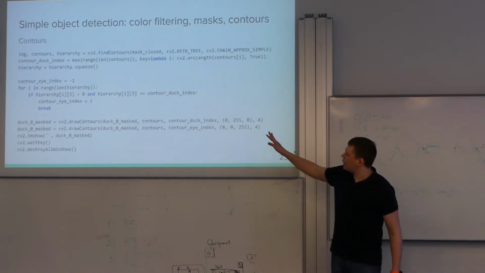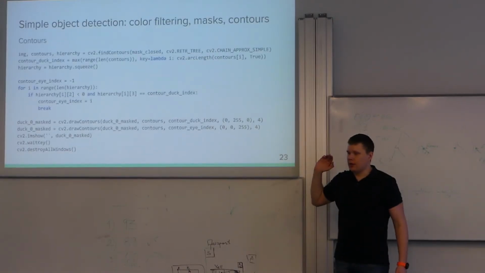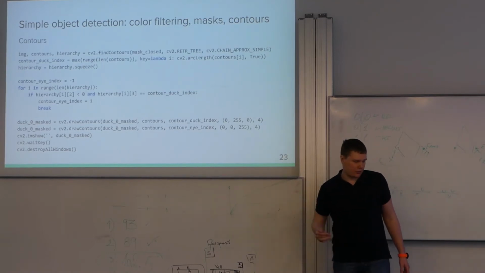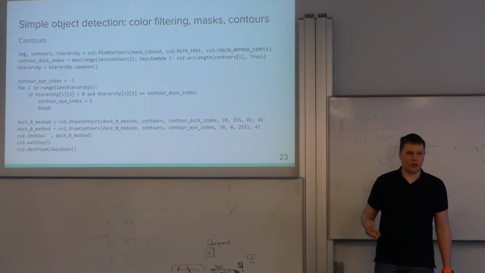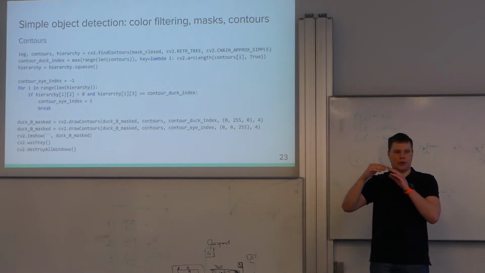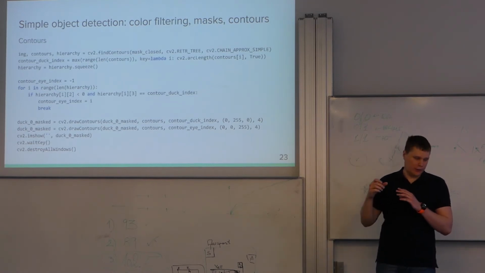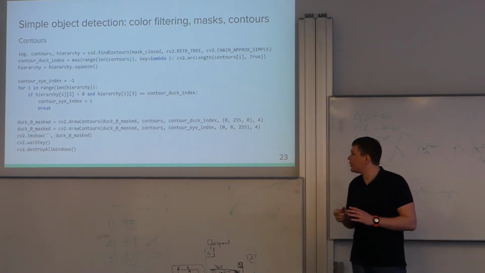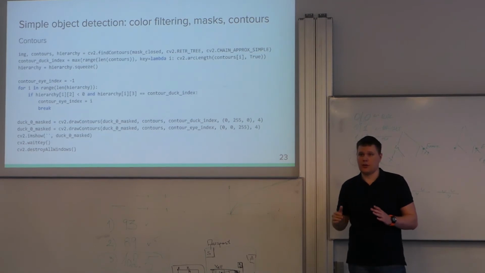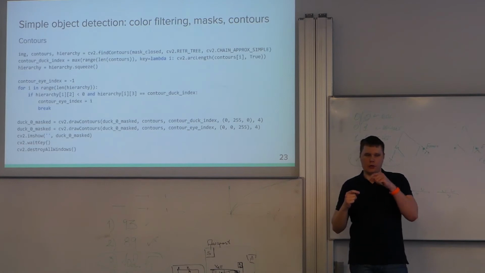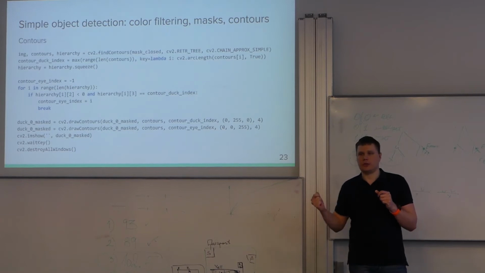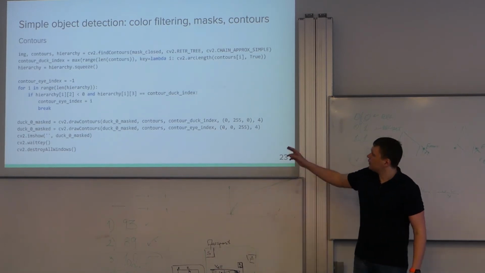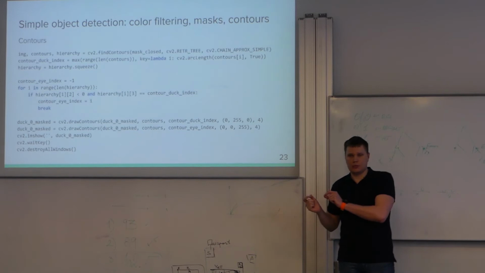So hierarchy, it's another list, and its length is the same as the contours' length. So for each contour, we have an entry in the hierarchy. And each entry in the hierarchy contains 4 elements. The first 2 elements are indexes for the next contour in the same hierarchy level and the previous contour in the same hierarchy level. And in this case, we use the other 2.